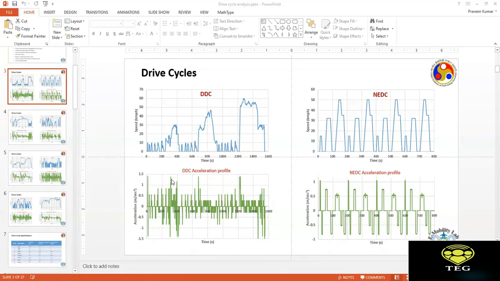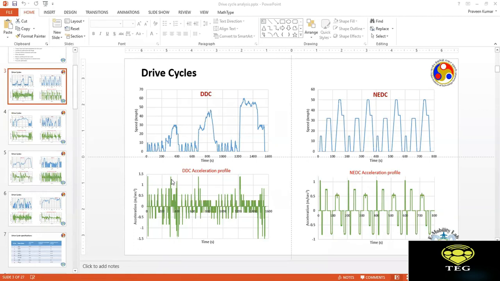This is the idea of drive cycle analysis: it opens up a discussion, and the design teams have to sit together, experts from different fields. If you're designing an internal combustion engine drivetrain, you would have experts from the engine division, the gearbox division, the clutch division, the brakes division, and other mechanical divisions, and people will have to discuss and argue and come up with a solution unique to Delhi's driving conditions.